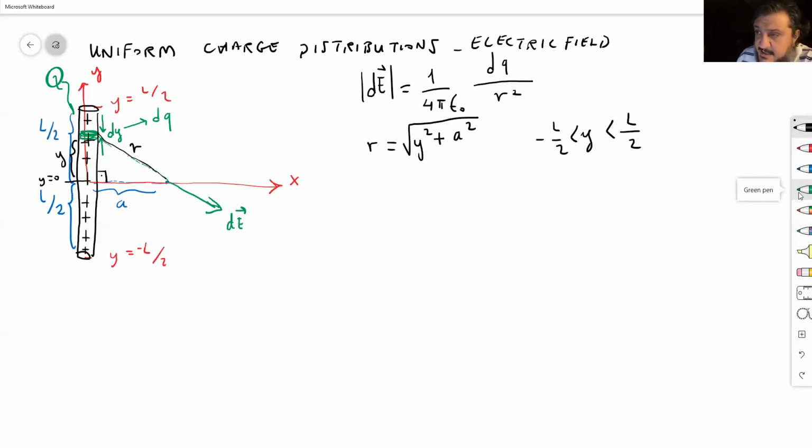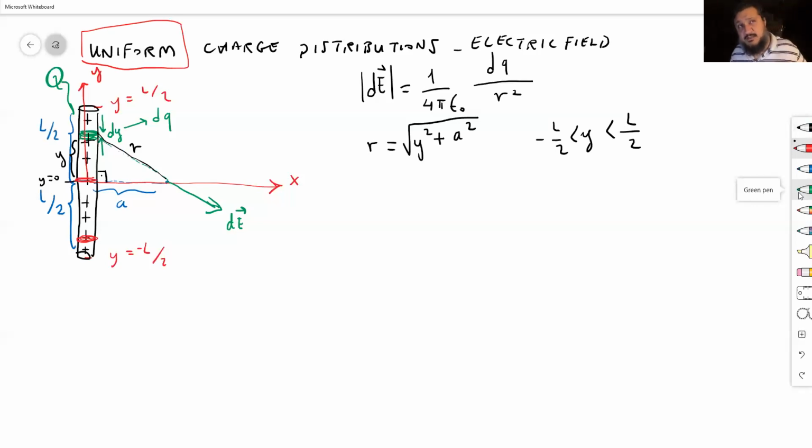Now, this is a uniform distribution. Uniform means that the dq over here will not be different from dq over there, as long as the thickness is still dy, right? Or over here, for that matter. Doesn't matter where you are.